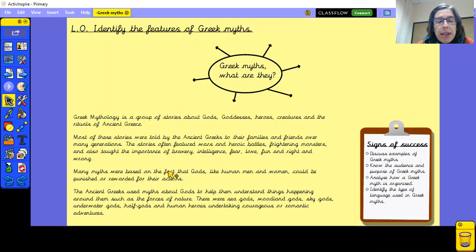Many myths were based on the fact that gods, like human men and women, could be punished or rewarded for their actions. The ancient Greeks used myths about gods to help them understand things happening around them, such as the forces of nature. And that's why there were sea gods, woodland gods, sky gods, underwater gods, half-gods and human heroes undertaking courageous or romantic adventure.